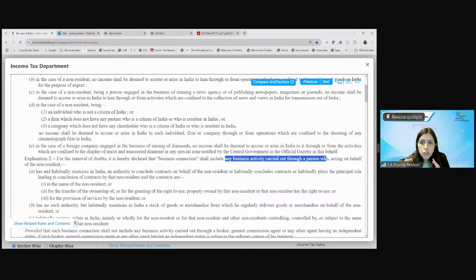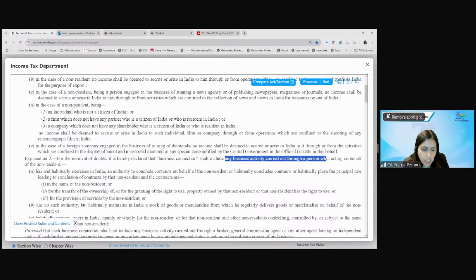Isn't it? So therefore, if the principal himself is not conducting the business activity, but he has appointed some agent in India for conducting those business activities, that agent who is conducting the business activity will constitute the business connection for the non-resident in India. Right?